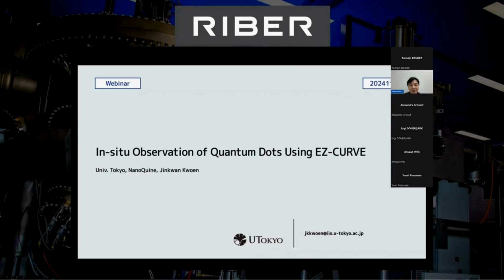Today, I want to talk about in situ observation of quantum dots using EasyCurve in our lab. I want to introduce a case that is actually used in our lab.